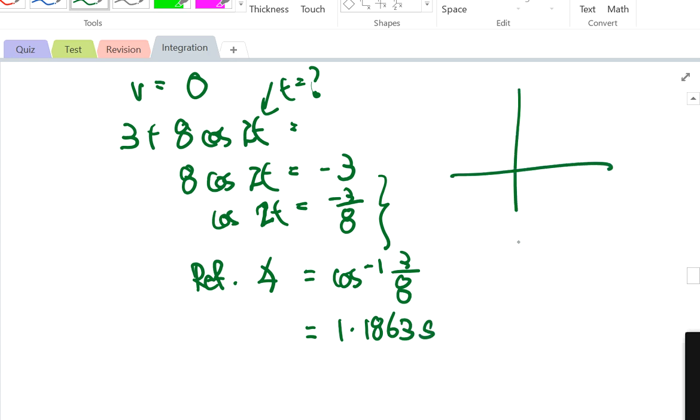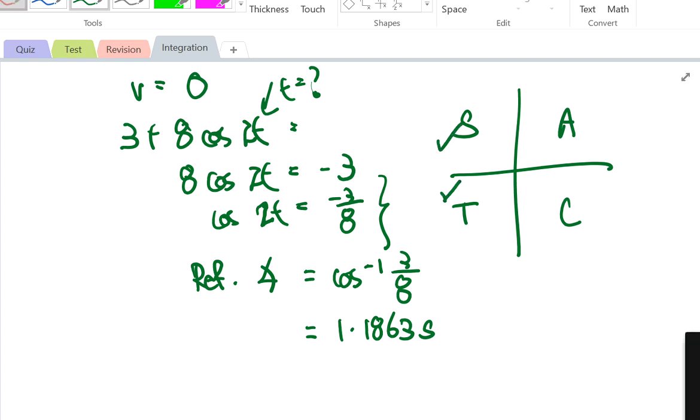Recall your ASTC. All right, let's be very careful. So cosine must be negative. So Alex, can you tell me which quadrant it lies in? Cosine is negative. The second one and the third one.